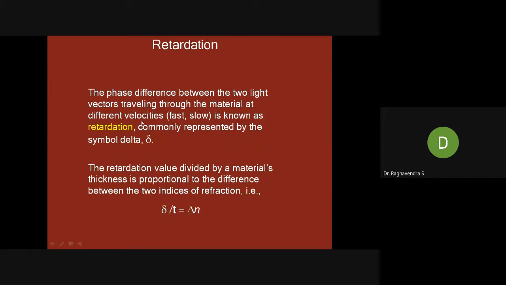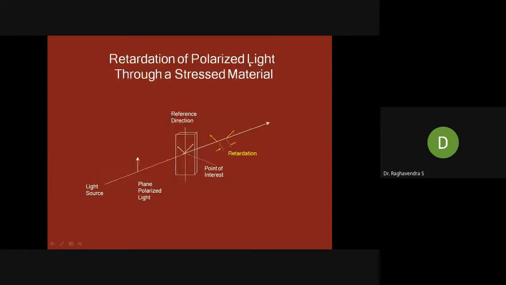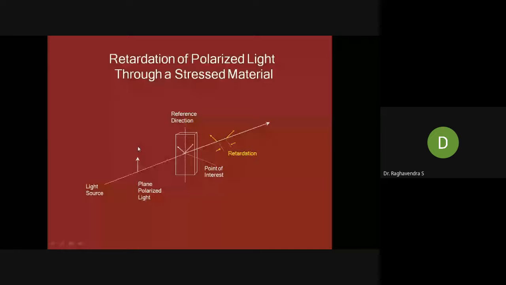Retardation is nothing but the phase difference between the light waves. There will be a change in phase, right? That phase is represented by delta. That velocity difference is delta. Delta divided by the thickness of the material gives the retardation value. Retardation means the delta N value. So consider the retardation of polarized light through a stressed material. There is a light source and one polarizer, so the light is plane polarized, with the light waves going in one direction.